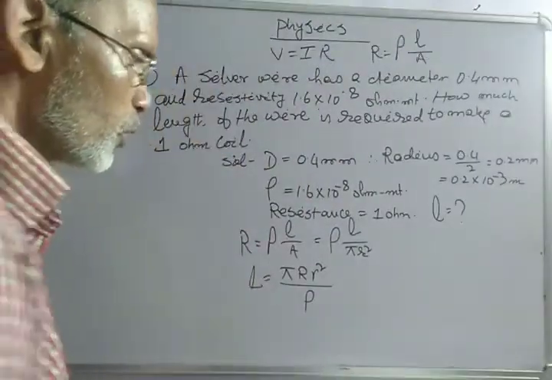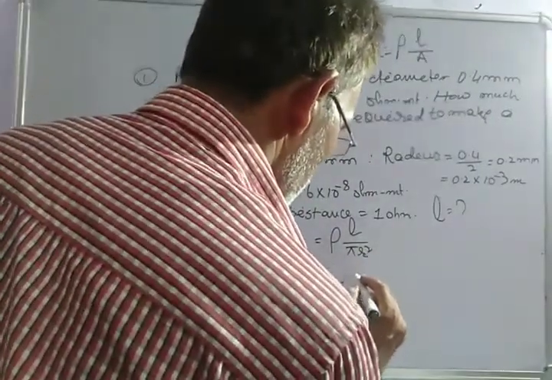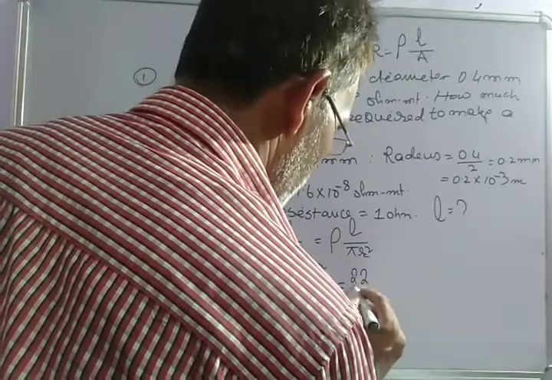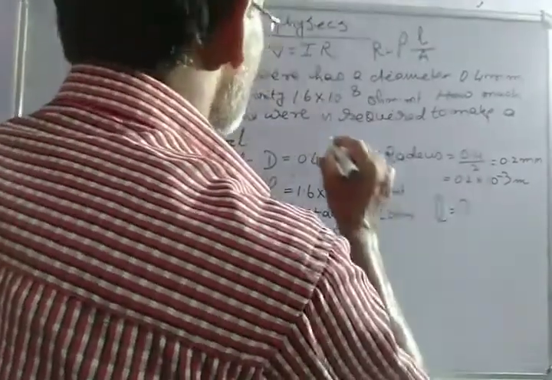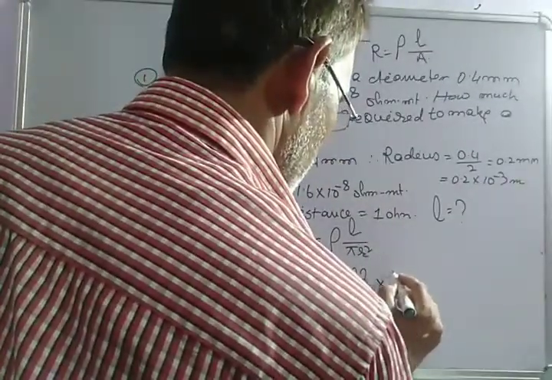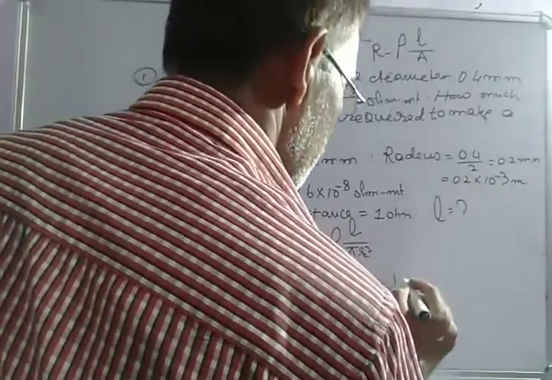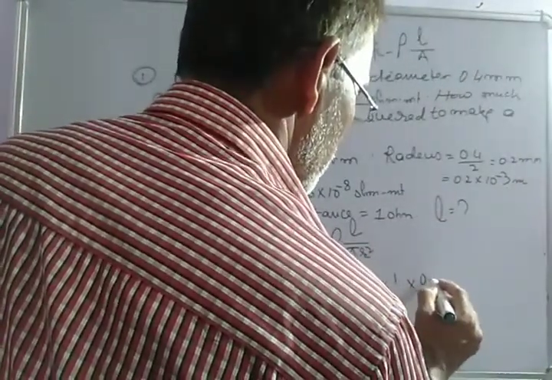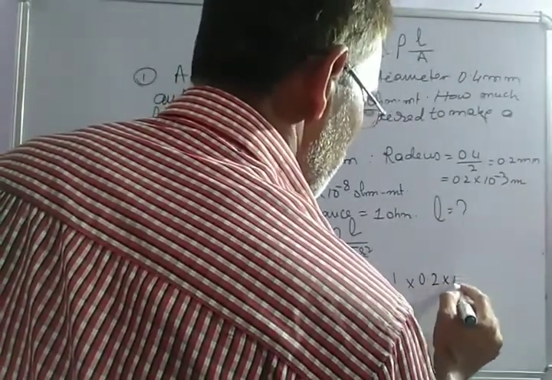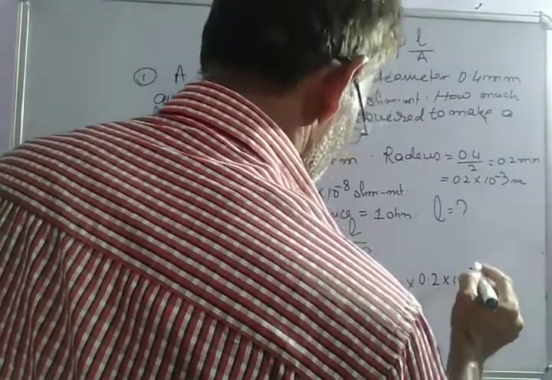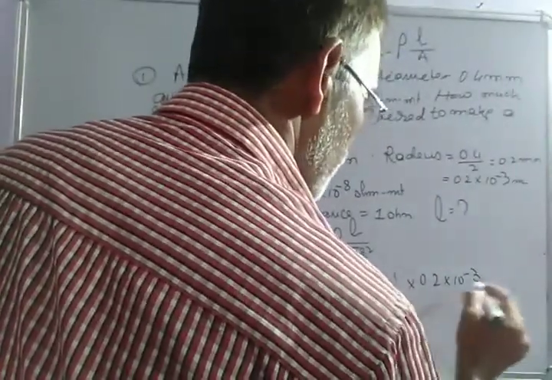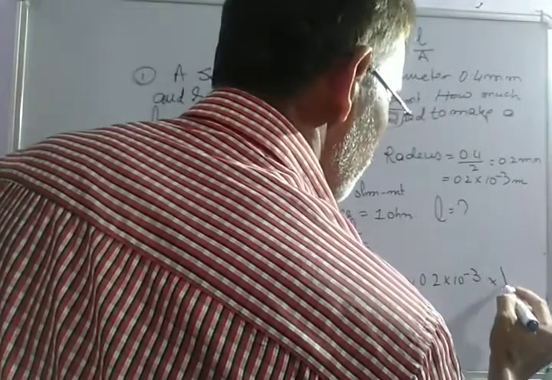This means 22/7 is the value of pi, and the value of r is given here as 0.2 into 10 to the power minus 3, by rho. By rho means 1 by 1.6 into 10 to the power minus 8.